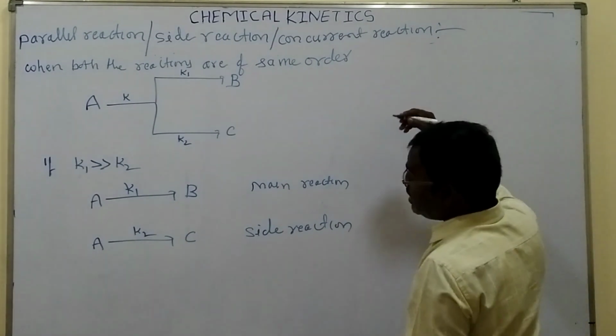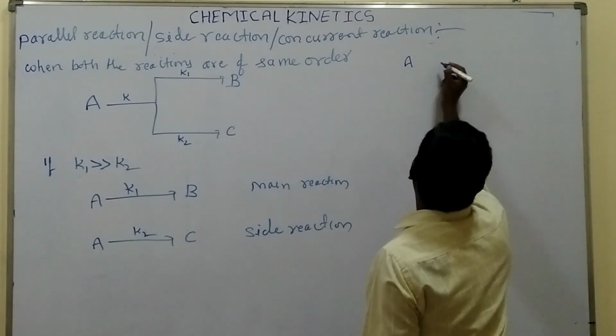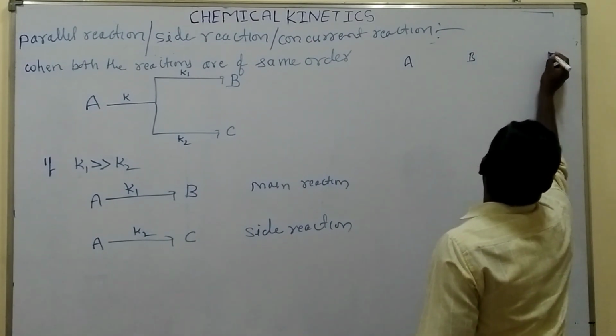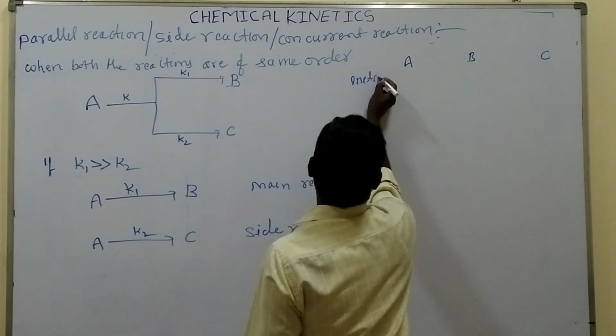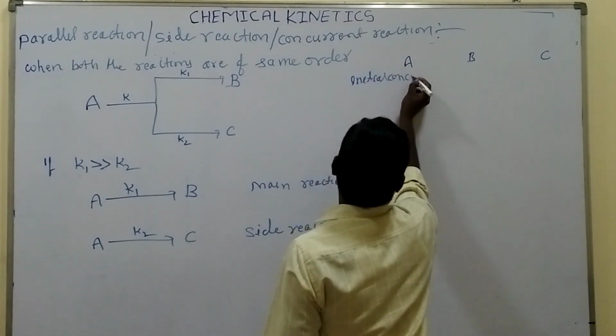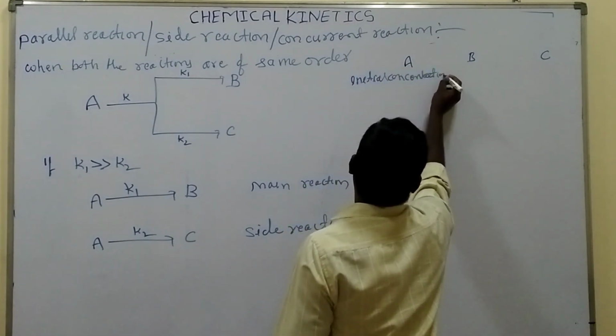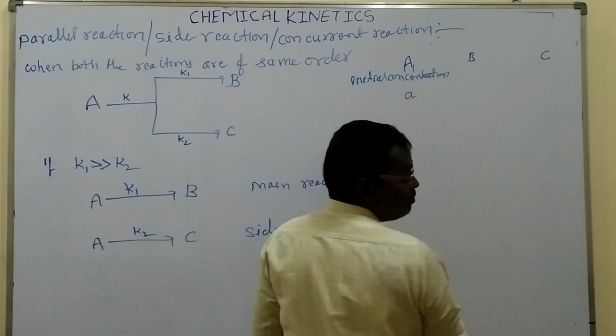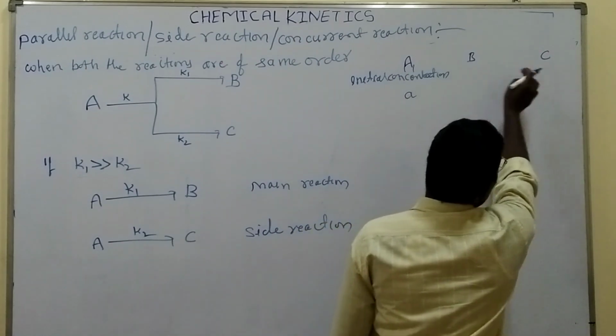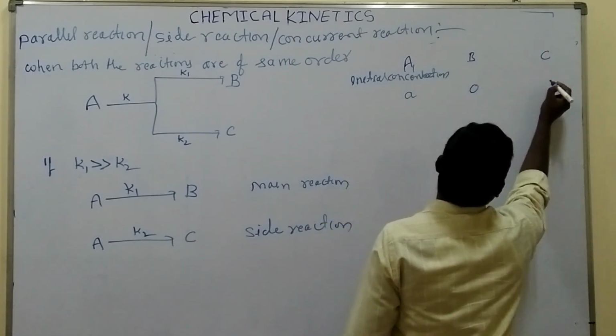Take three things: A, B and C. The initial concentration of A is small a, whereas the initial concentrations of B and C are 0.